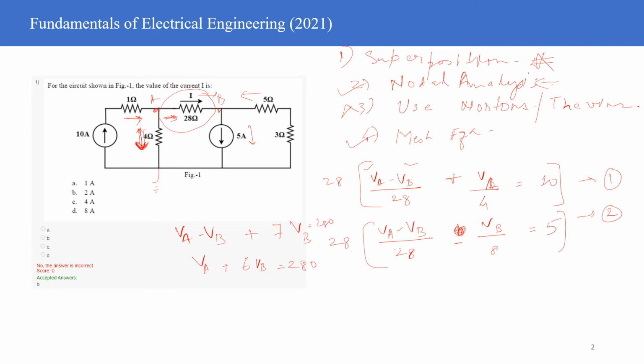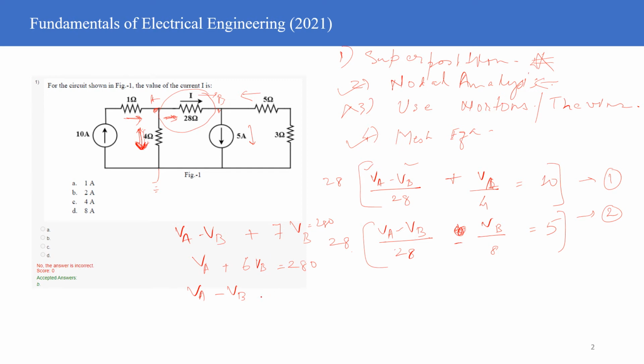The second equation will give you VA minus VB. Okay, this was 8, so you cannot multiply it by, if you multiply it by 7, 4 sevens are 28. It will not go in 28. This is not the LCM of 28.